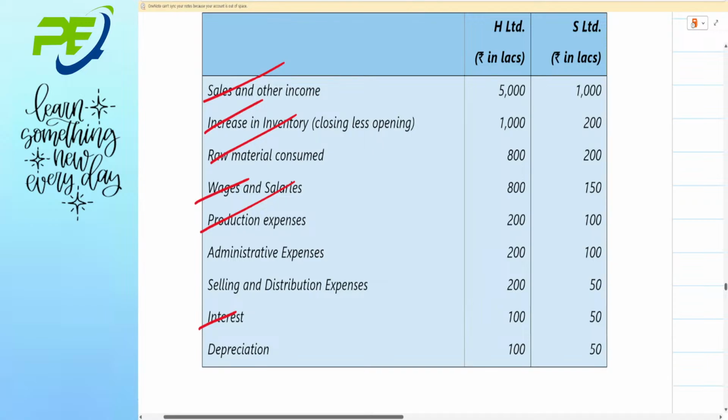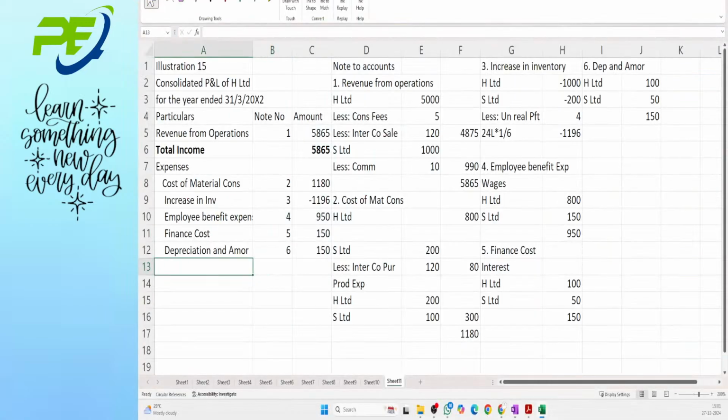Then finally, other expenses. Under admin expense, H and S: 200, 100.